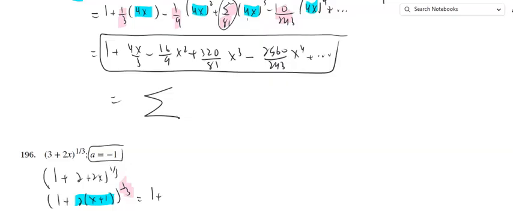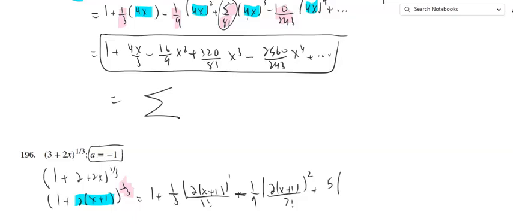So I'm really looking at 1 plus 1/3, and instead of x, it's 2 into x plus 1 to the 1 over 1 factorial, minus 1 over 9, and instead of x, it's going to be 2 into x plus 1 squared over 2 factorial, plus 5. Oh, I'm sorry. I'm just copying. I'm not deriving. I keep on forgetting that.